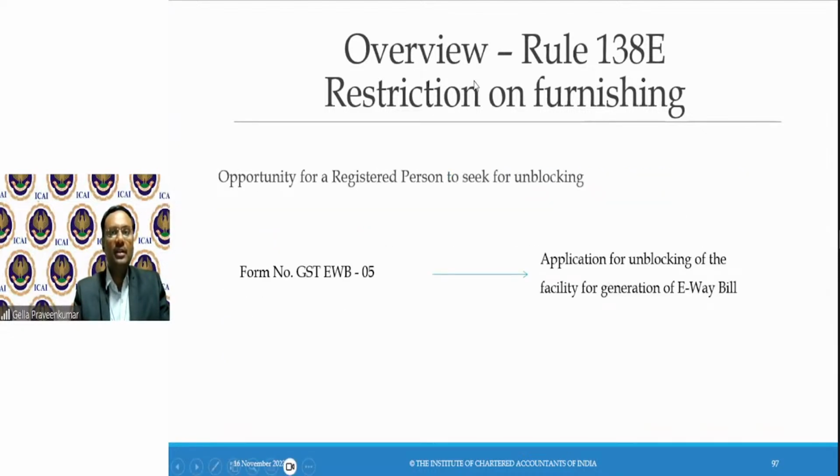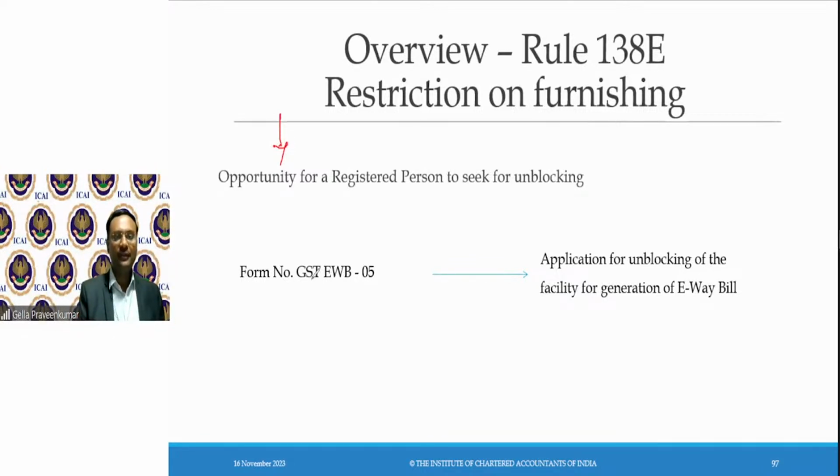Sir, there must be some chance to correct it, some way to unblock. So they say, don't worry, I'll give an opportunity because you have made yourself good. Whatever default was there, 2 quarters you have defaulted, I have allowed you to file your returns. You have filed your returns, you paid your taxes.